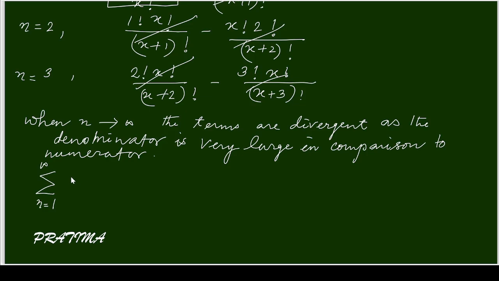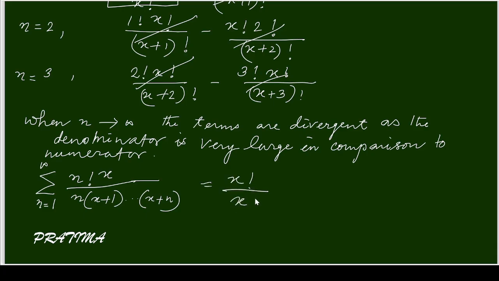So n factorial into x over n into (x plus 1) up to (x plus n) equals x factorial by x factorial, that will be 1. Hence proved.